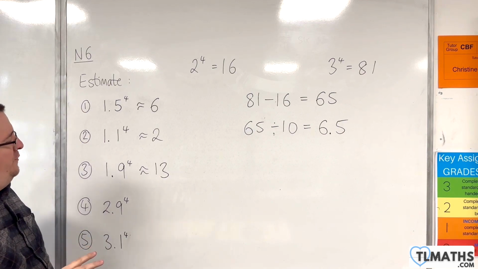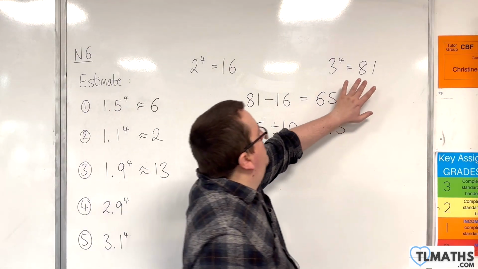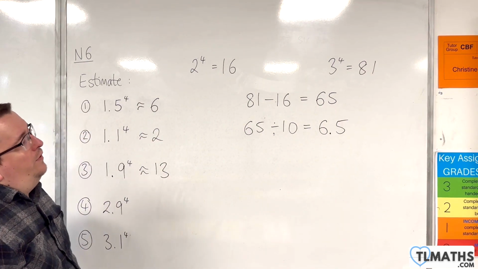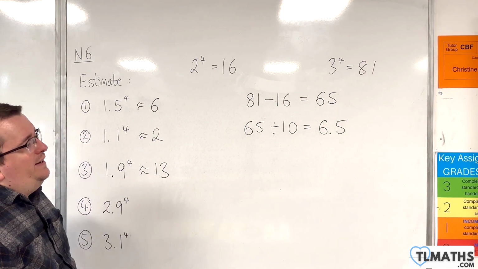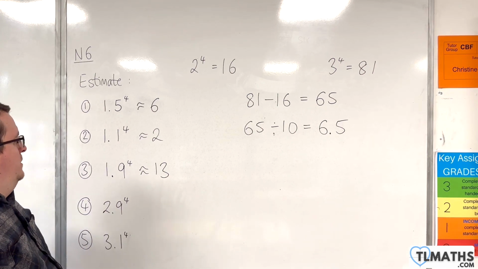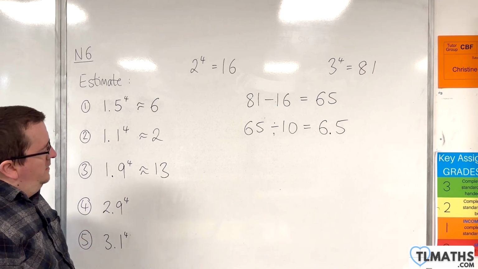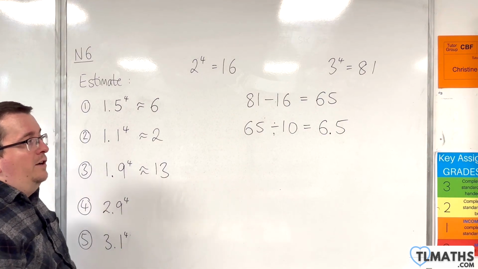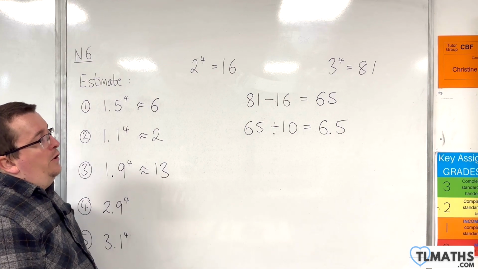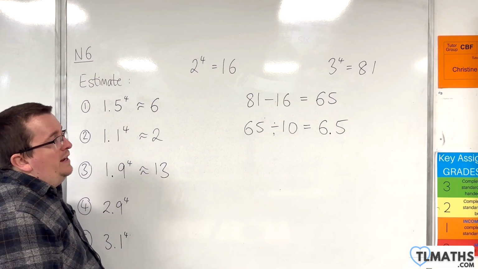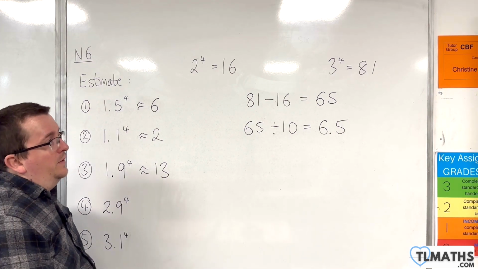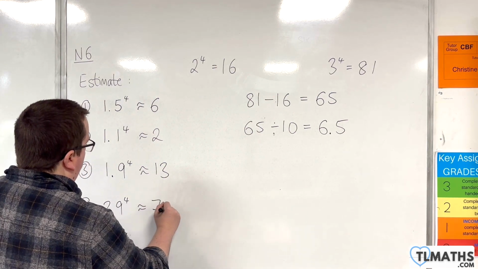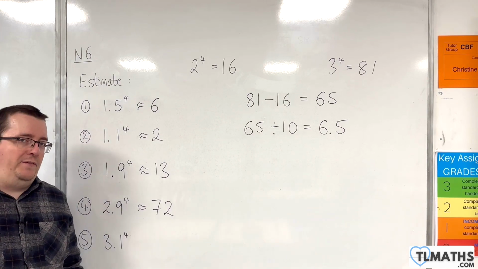So 6.5 down from 81 would be 74.5. So it's going to be a little bit more than that because of what we looked at in the previous video. So I'm going to guess it's going to be a couple of units further down than that. So I'm going to go with about 72. Something around about 72, I reckon.